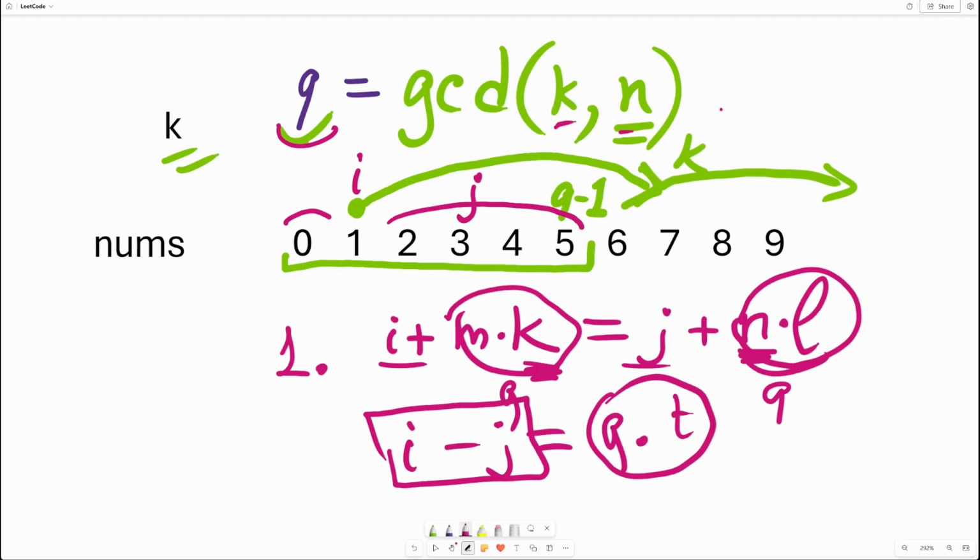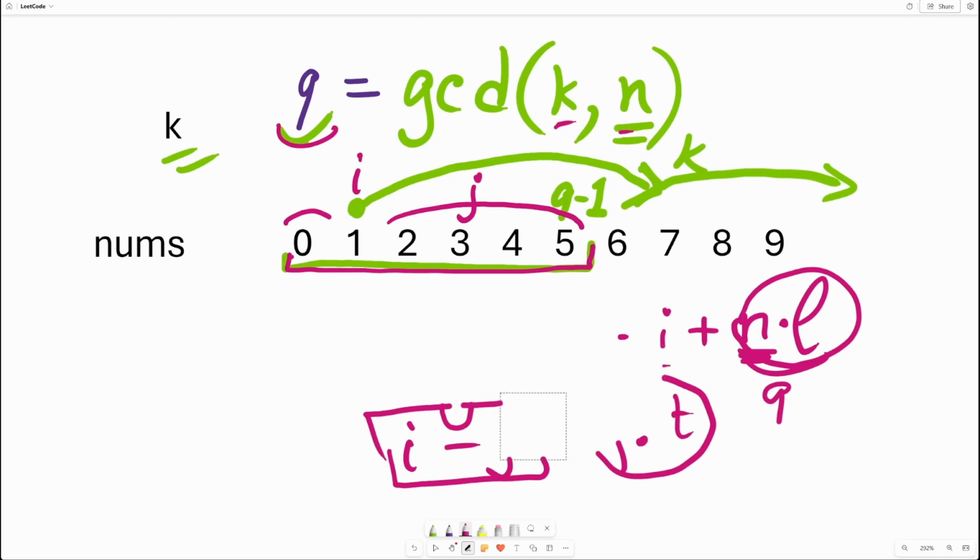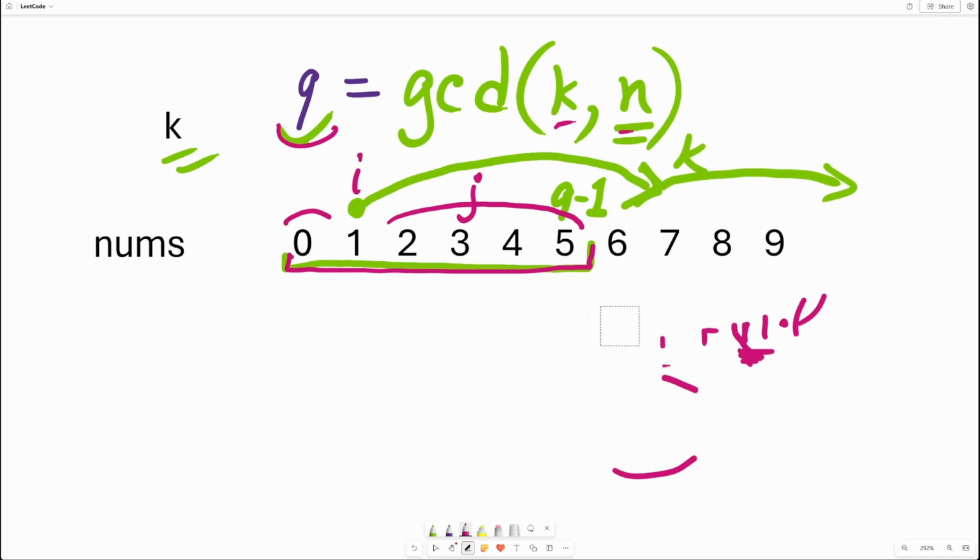Otherwise, we would have a non-zero number with an absolute value in this range, so less than q, and it's a multiple of q. That would not be possible. So the only way this is possible is if i minus j is 0. So i and j are exactly the same. Okay, so we proved the first part, that we can never touch any other element other than the starting point inside our little chosen group of elements.